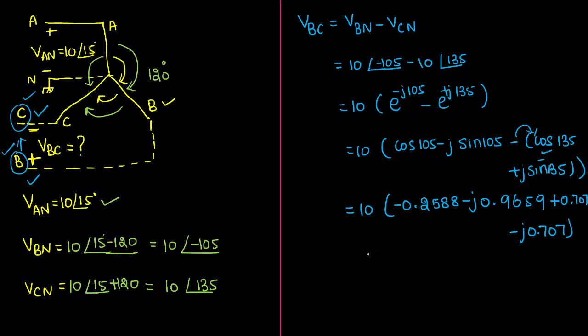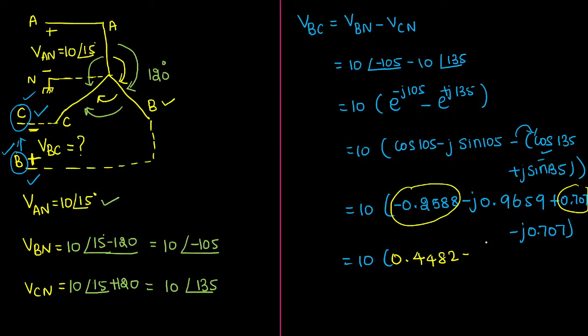Now let us club both real and imaginary parts. This is one imaginary part, and we are having two real parts. First, 0.707 minus 0.2588. If we put that, we will be getting 0.4482.